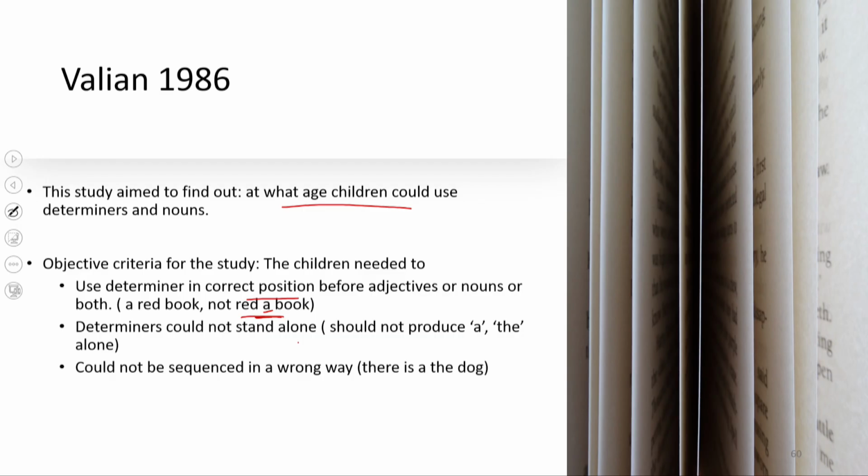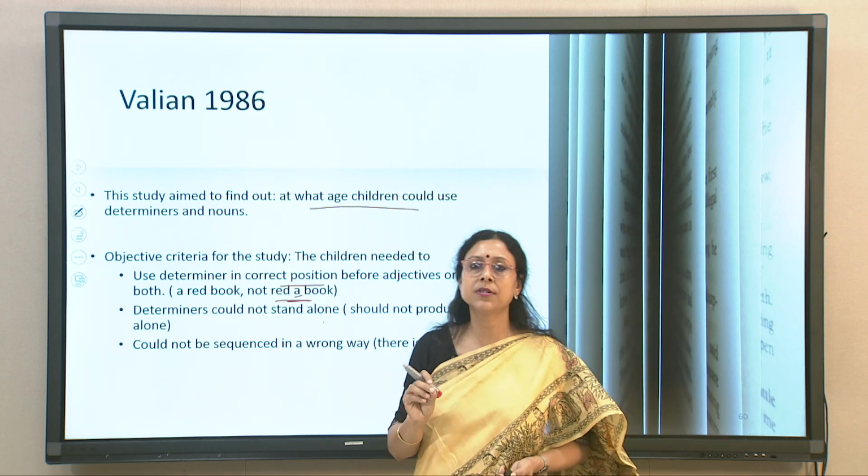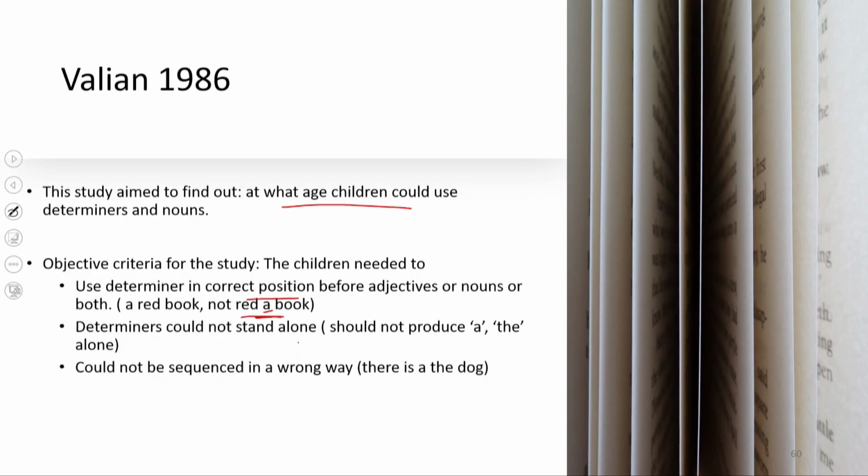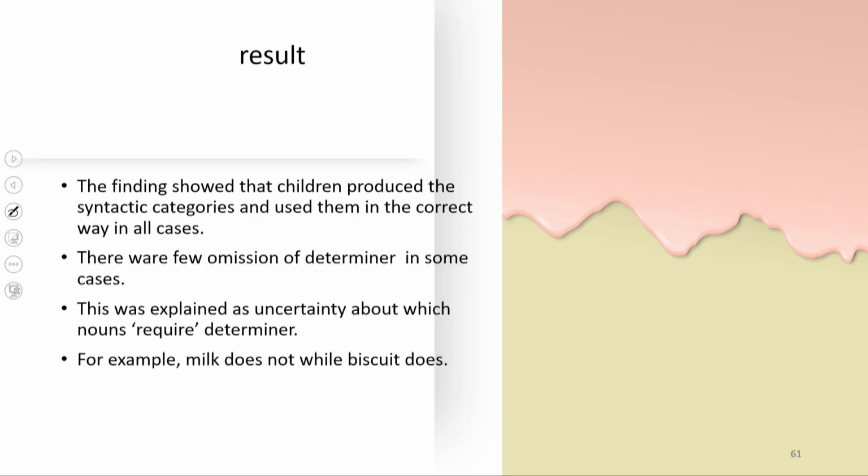In crux they need to use the determiner in the correct position. Then they also should not use the determiner as a standalone. You cannot just simply say and the, that will not be counted. Similarly, it could not be sequenced in a wrong way, like there is dog the. So, these were the conditions, the objective criteria of seeing when they learn.